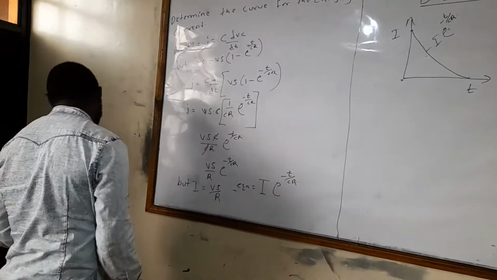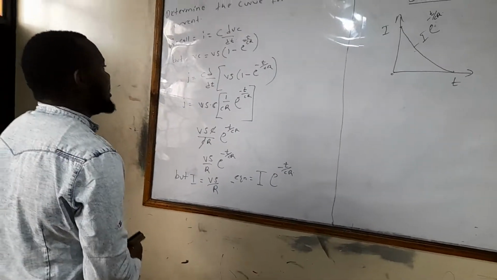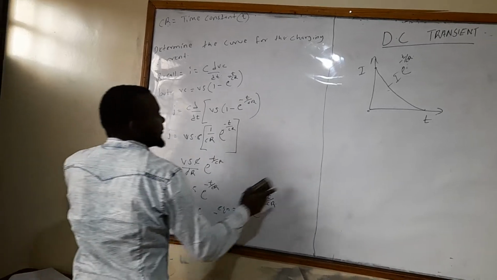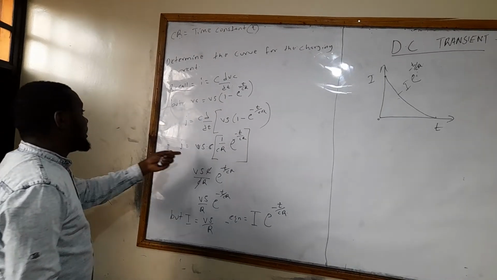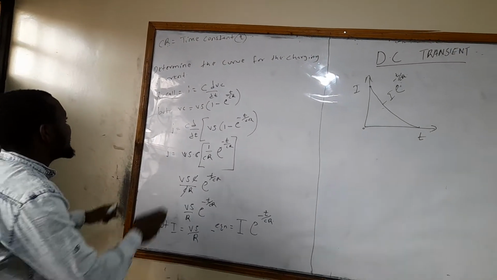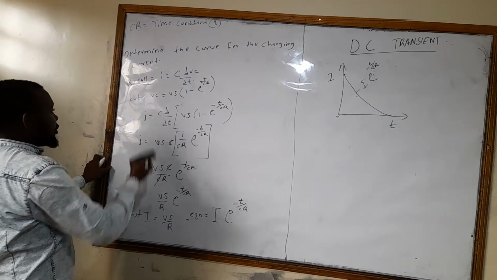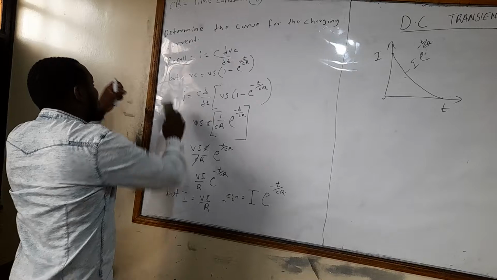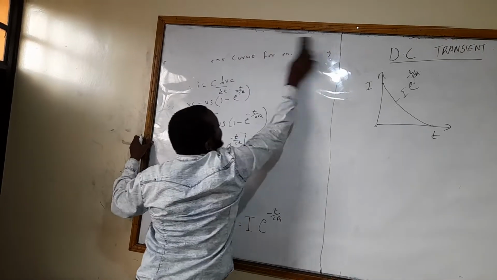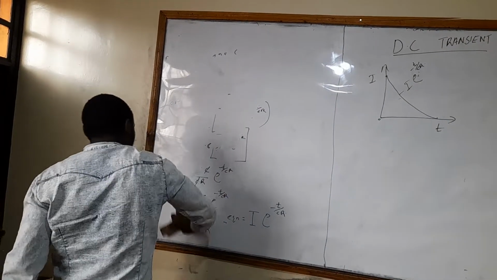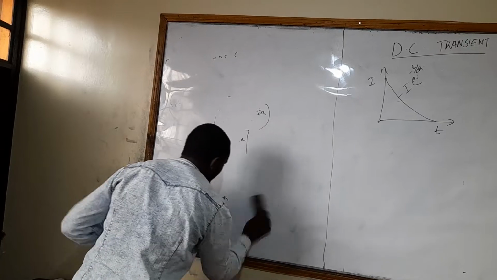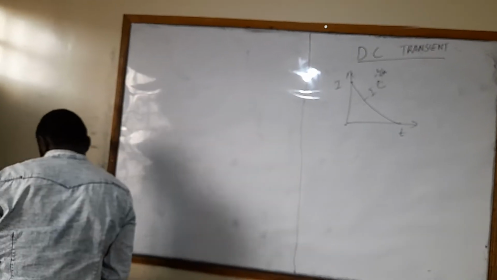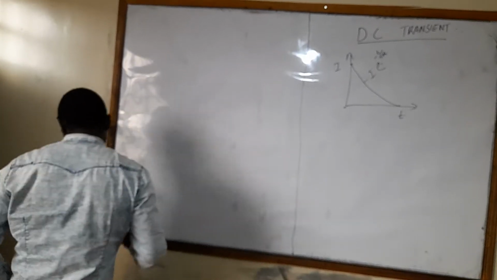Now let's see the voltage across the resistance. Have a look at it. Maybe some question will be asked to derive this formula, so make sure you take it very seriously, especially when you are doing engineering courses.